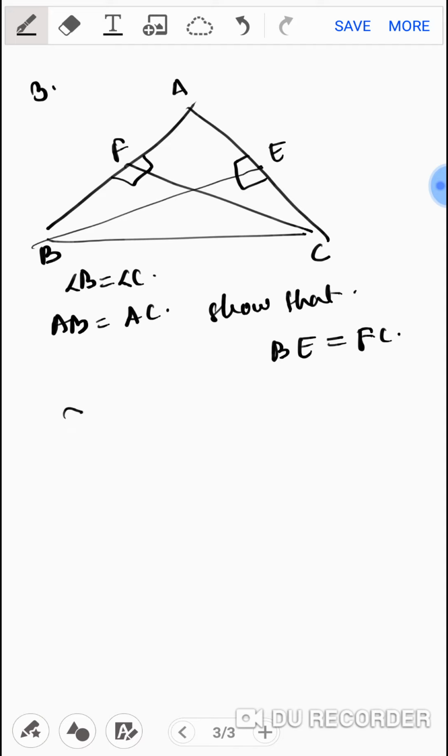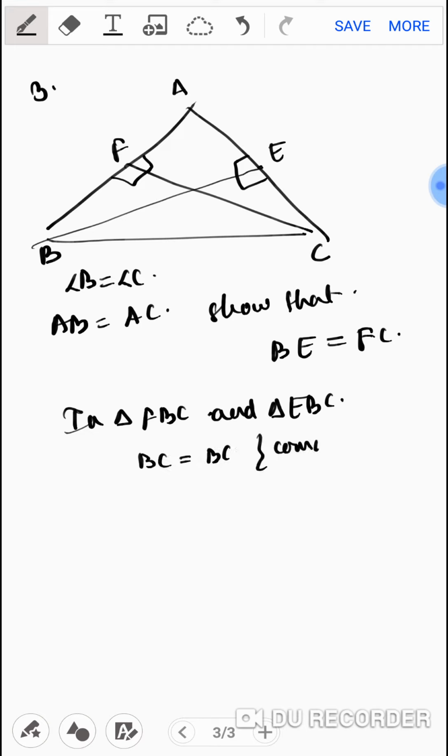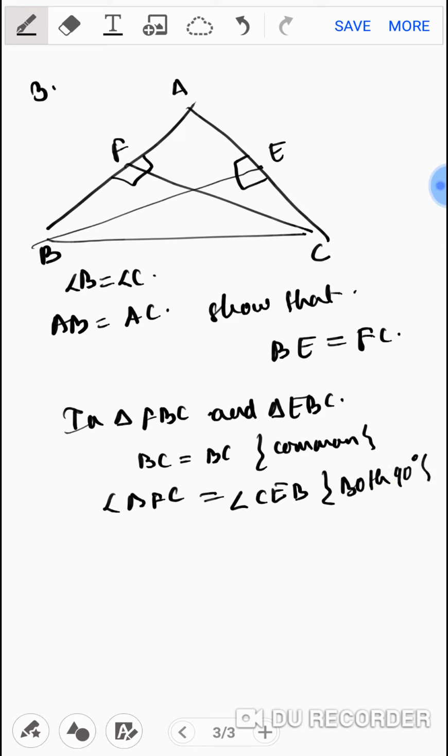My dear kids, you can take two triangles, triangle FBC and triangle EBC. BC is equal to BC, common side. Angle BFC is equal to angle CEB, both 90 degrees. Angle B is equal to angle C, base angles of isosceles triangle.